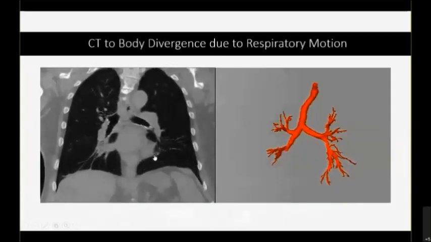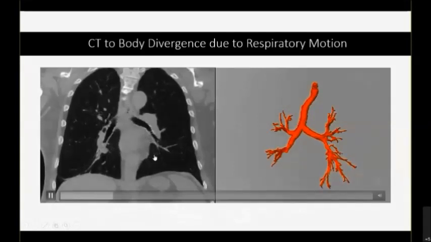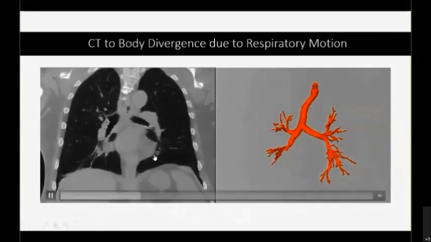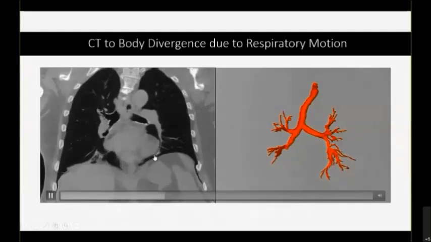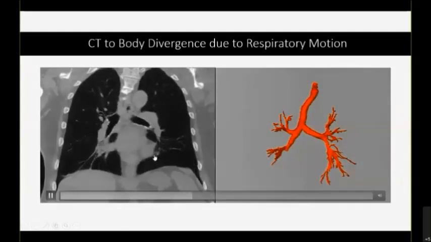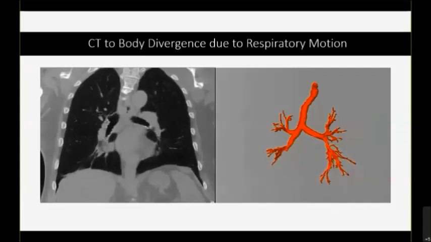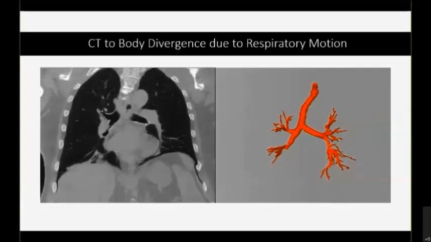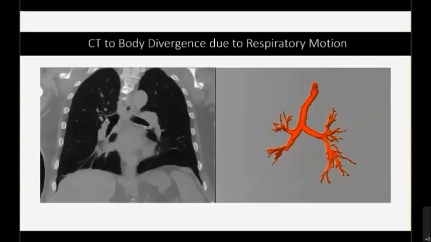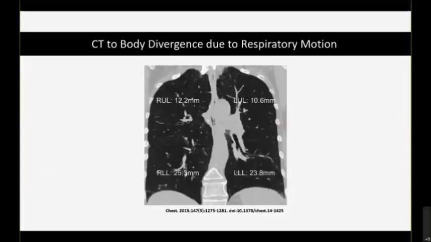And so why does that happen? There's a lot of reasons why it happens. But CT to body divergence is something that we all understand when we take into account respiratory motion. This is from Hans Lee from a Veritas study that looked at respiratory motion for peripheral lung nodules. At the top of the lungs, you'll see that the upper lobes don't have a whole lot of movement, typically around a centimeter or 1.2 centimeters.